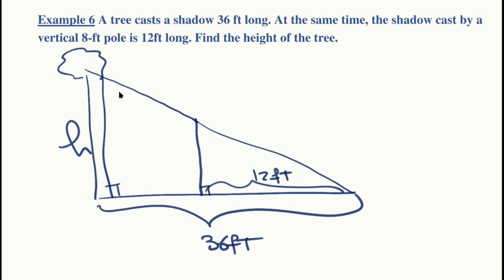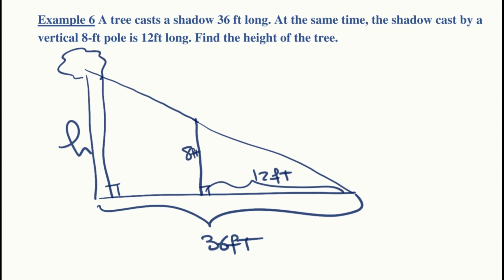So that means these two must be congruent as well, right? Or you can think of it as the fact that these two lines are parallel and these are corresponding angles. Either way that you think about it, here we have two similar triangles, right?